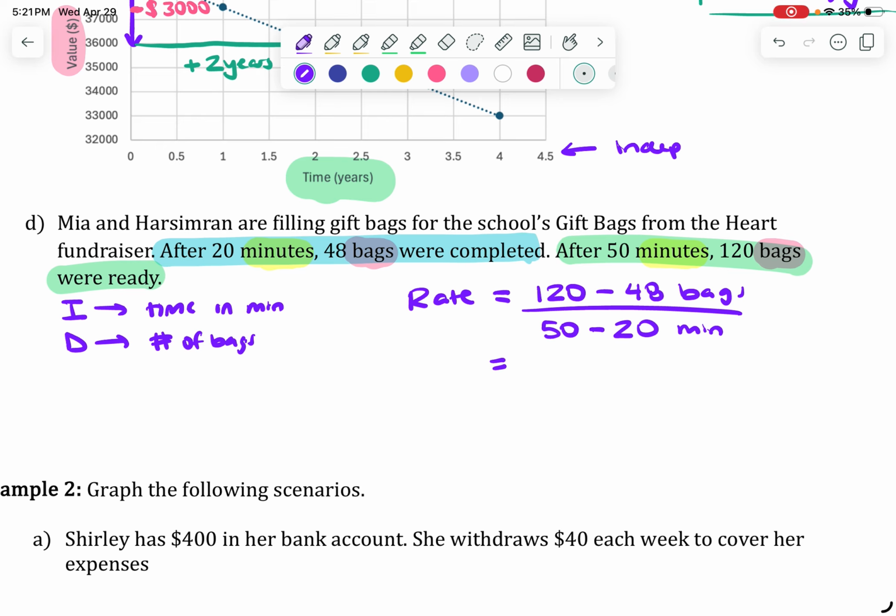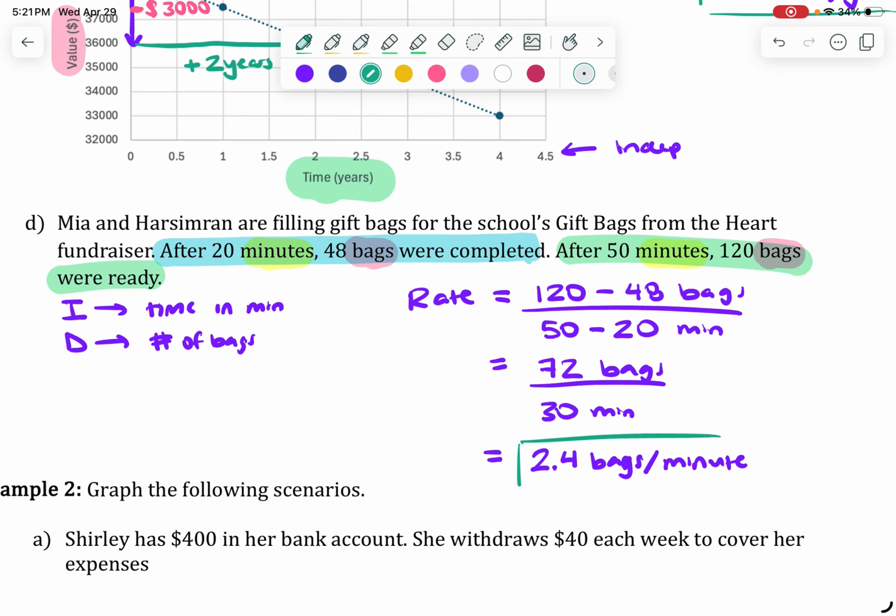And I'm going to maintain minutes there. I do that math and I get 72 bags in 30 minutes, which is ideal, but can be reduced. And if I plug that into my calculator, I get 2.4 bags per minute. Or every minute they are able to complete 2.4 gift bags for the Heart fundraiser.